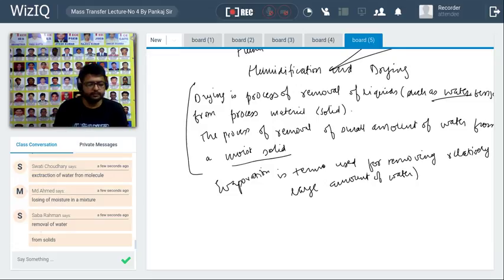Understood? What is drying and how is it different from evaporation. For example, you dry your clothes, you don't evaporate your clothes; you evaporate water from other substances.